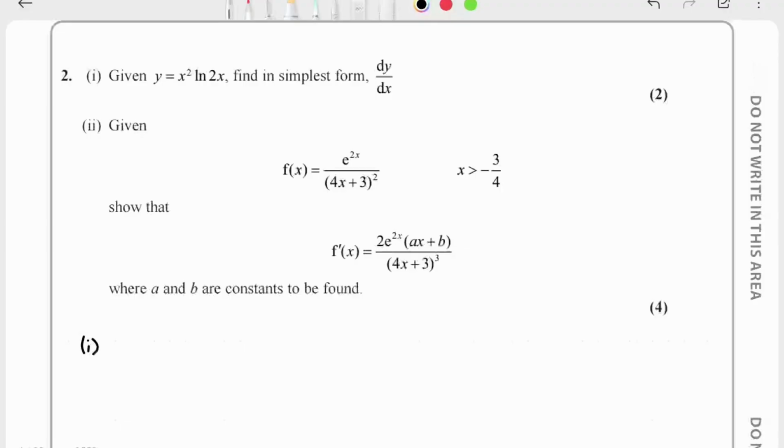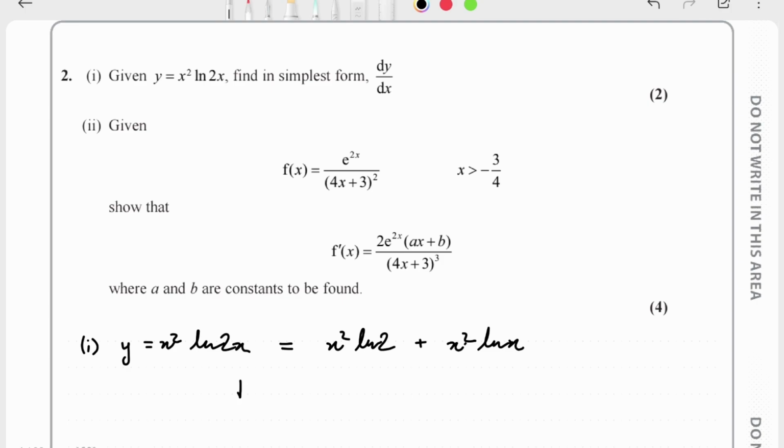So we're given an equation and we need to find dy by dx. So y is equal to x squared ln 2x. I would like to split this into two portions: x squared ln 2 plus x squared ln x.